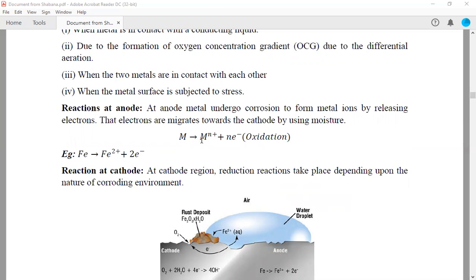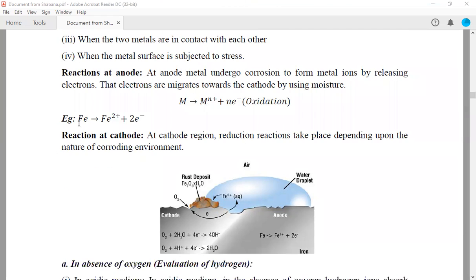That means at the anode, the metal undergoes corrosion to form metal ions by the release of electrons. Those electrons migrate towards the cathode through the moisture, which acts as a conducting medium. In the example of iron, it gives rise to Fe2+, the ferrous form, with the release of 2 electrons.